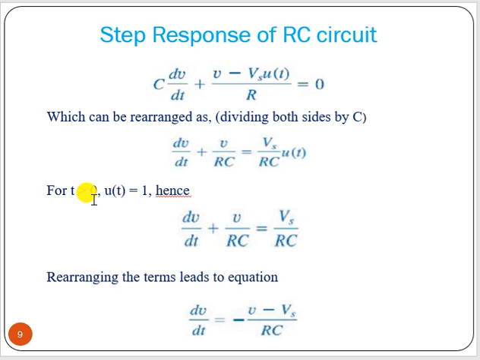Right? Now for t greater than 0, u(t) is 1. Then we can write this expression by putting u(t) equal to 1. Now we can rearrange this equation in this fashion, that dV/dt equals minus (V minus Vs) divided by RC, which is the same as this.